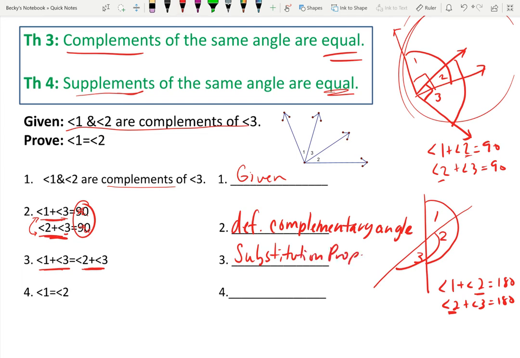Okay, again, these are not separate islands. Look at step 4 and look at the previous step. They're stepping stones. How, if this is my if, do I get to this then? Well, here's angle 1, here's angle 2. Where does the angle 3 go? How mathematically can you remove that angle 3?